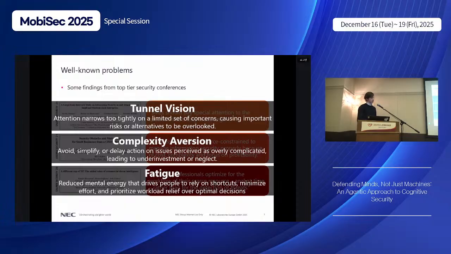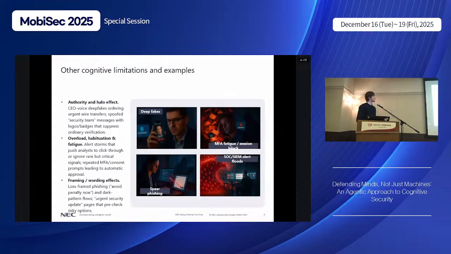And also fatigue is a big limitation that is affecting security, meaning you get a lot of warnings, a lot of requests for updates that make you pay less attention to security risks. Other cognitive limitations, well, here are some other examples.